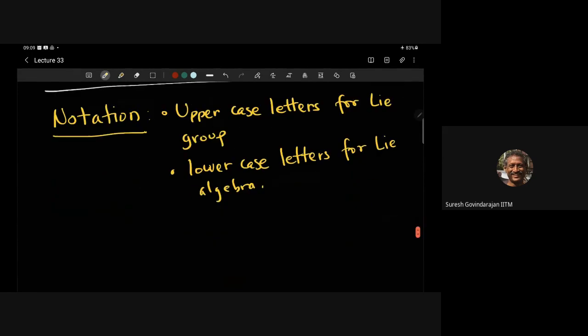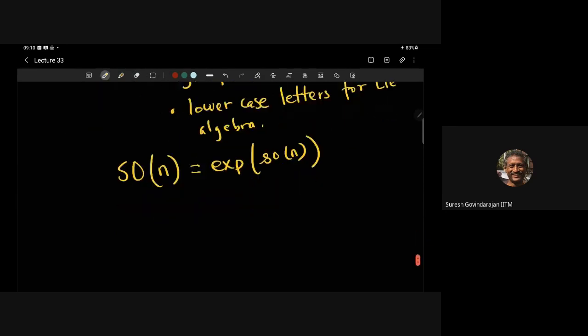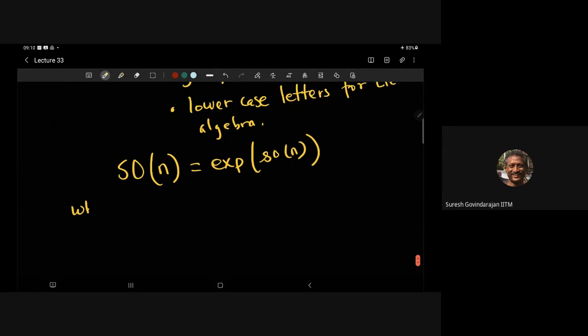Okay, so I will write something now. Capital S, capital O(N) is the exponential of little s, little o(n), where little so(n) is equal to the set of n by n antisymmetric matrices.